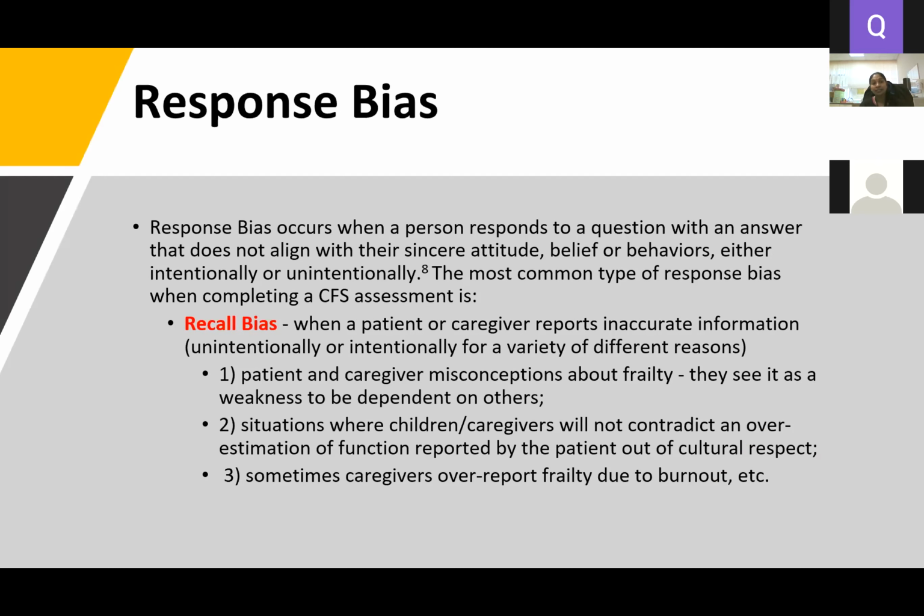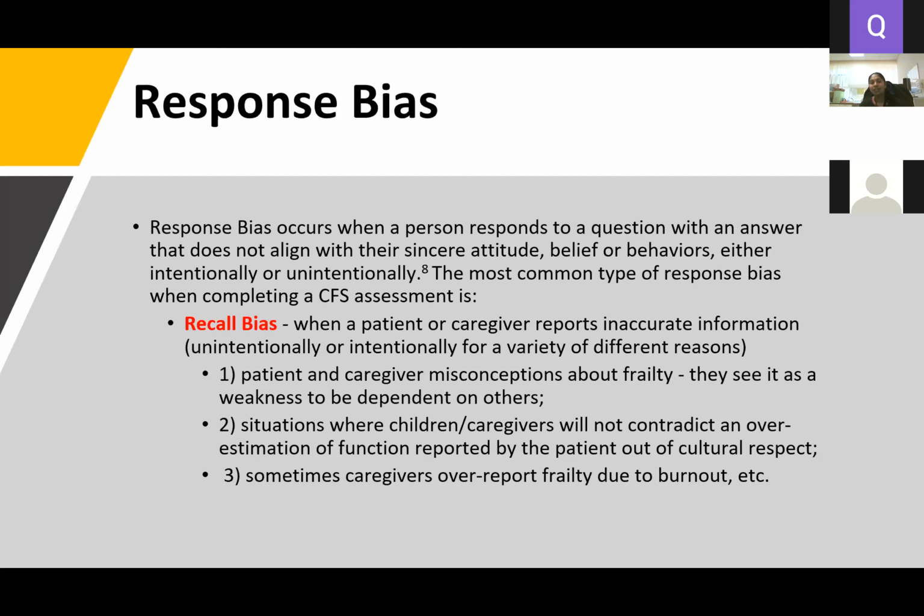The next bias is response bias, and the most common one is recall bias. This is when the patient or caregiver reports inaccurate information to the healthcare worker, whether intentionally or unintentionally. So frailty misconceptions: they may see it as a weakness. They may see it as a point that they're going to lose their freedom.